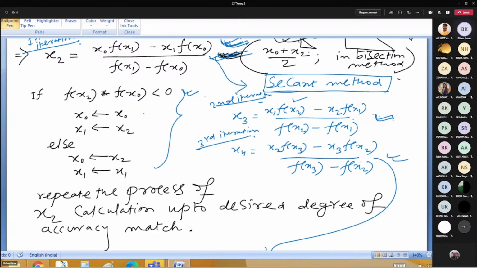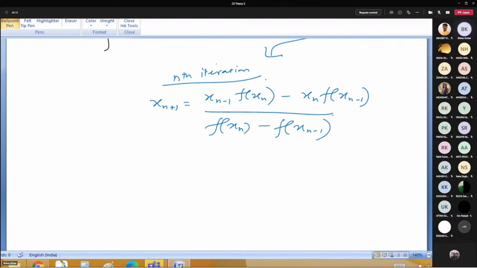Suppose in two consecutive iterations, f of x(n+1), the iterated root solution, will be nearby 0, isn't it? If it equals the previous iterated functional value, then obviously the solution is approximated by the nth or (n+1)th iterated value.